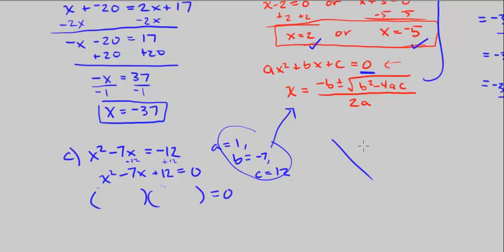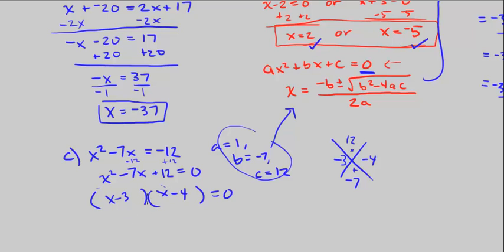What numbers multiply together to get 12 and add together to get negative 7? Let's see, 4 times 3 is 12, so negative 4 and negative 3. So it's going to be x minus 3 and x minus 4.